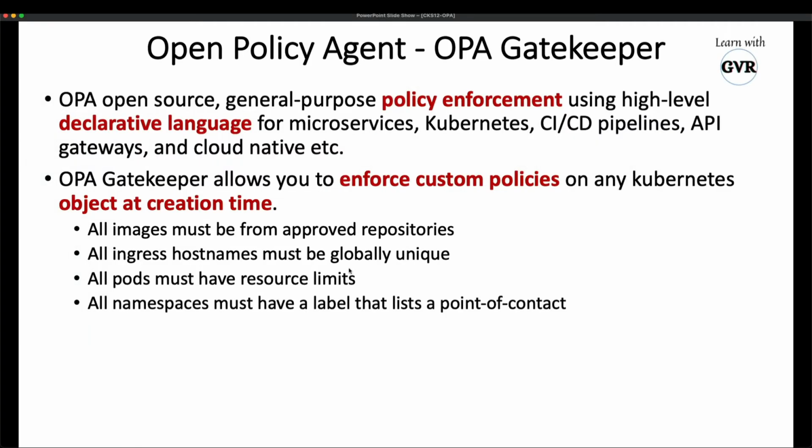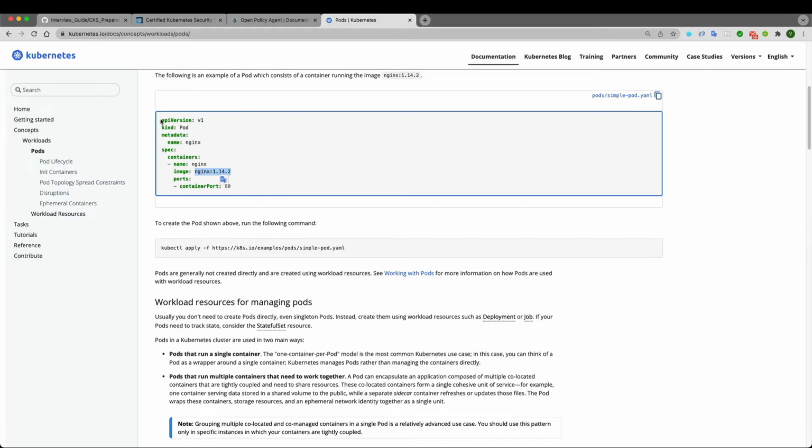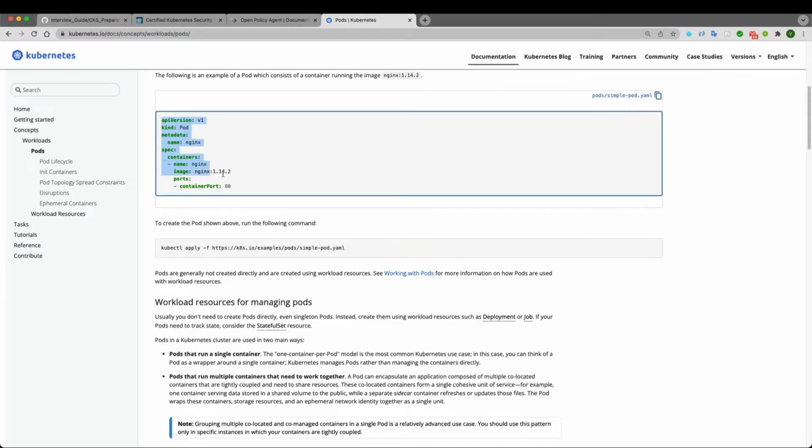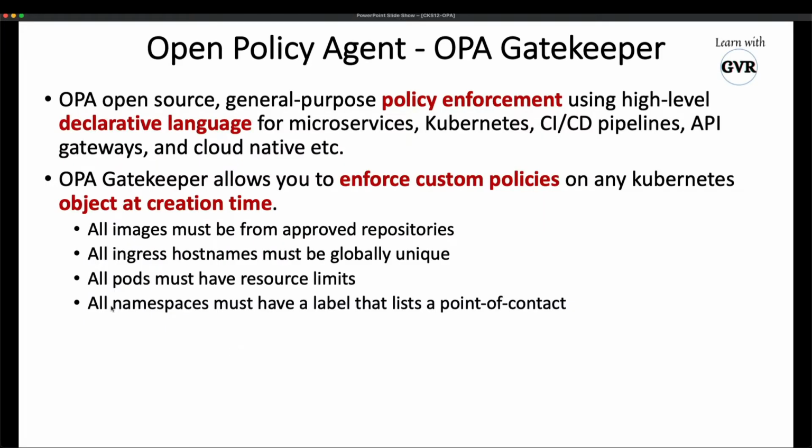So you may want to check that all images must be approved, all ingress host names must be globally unique, and all pods must have a resource limit. Every pod you create should have a resource limit like CPU and memory. And all namespaces must have a label with a point of contact.